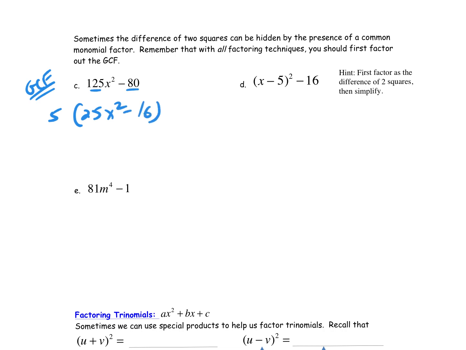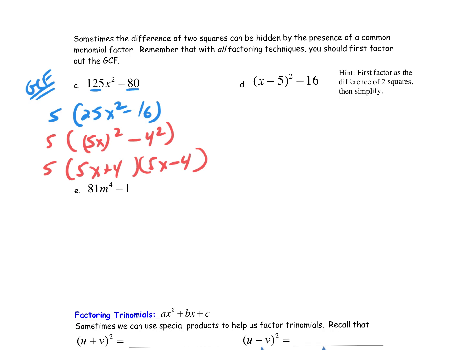And now we can see that indeed we do have a difference of squares because 25x squared is 5x squared and 16 is 4 squared. So now we can see explicitly the difference of squares pattern. So this will multiply out as 5 times factoring the difference of squares. We have 5x plus 4 times 5x minus 4. Let's look at the next one.